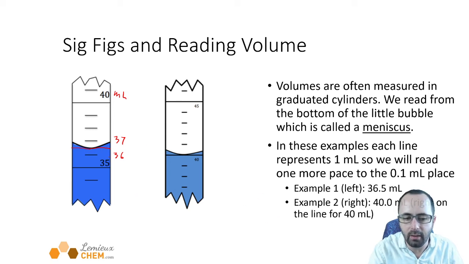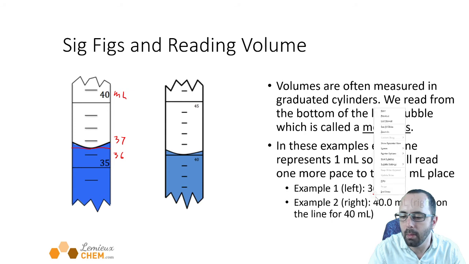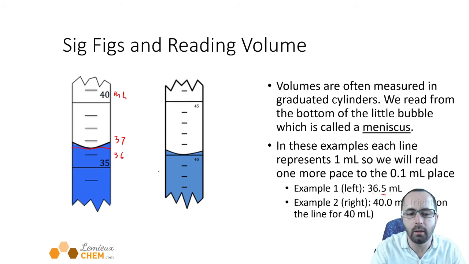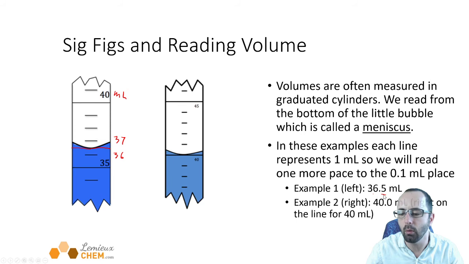If I'm dividing this into 10 little pieces, it's 5 of those little pieces up. So I write 36, and then I write 0.5, because I can see that it's halfway between 36 and 37, or 5/10 of the way. So I write 36.5.